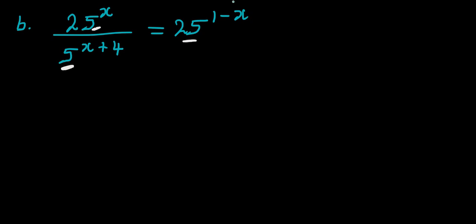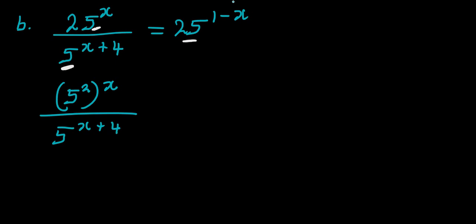When we do that, this equation is going to take this form: 5 exponent 2, exponent x over 5 exponent x plus 4 equals, let's also change the 25 on the right side to a base of 5, base of 5 exponent 2 and exponent 1 minus x.